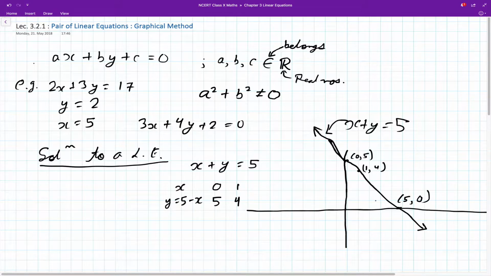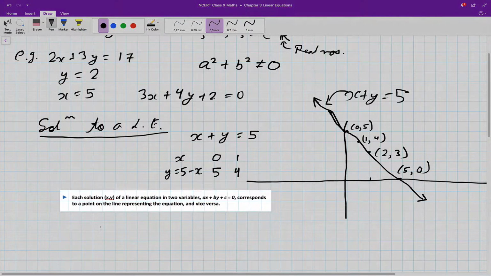This will satisfy it. Let's say we take another point, something here, x will be 2, y will be equal to 3. This is another solution to this equation. So basically all the points that lie on this straight line will be a solution for this linear equation. And vice versa, in other terms, you can say that the solution to this linear equation will be all the points that lie on this straight line.